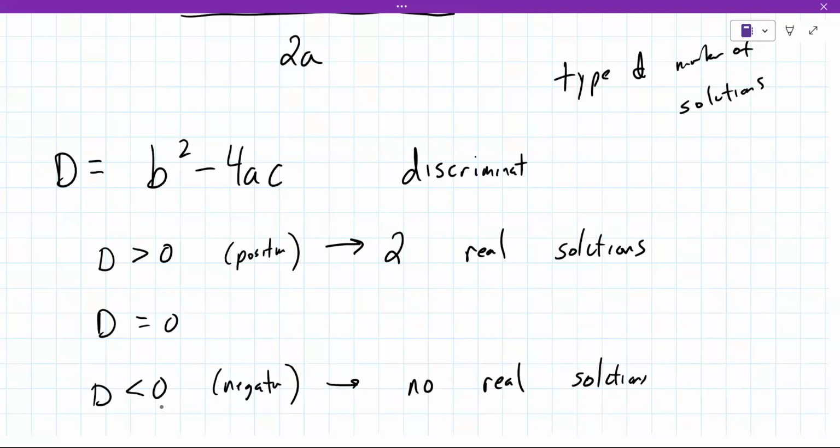All right. If it's equal to 0, completely equal to 0, and that does happen, it's one real solution, but it's what's called repeated, meaning it's the same. If the discriminant is less than 0, then no.